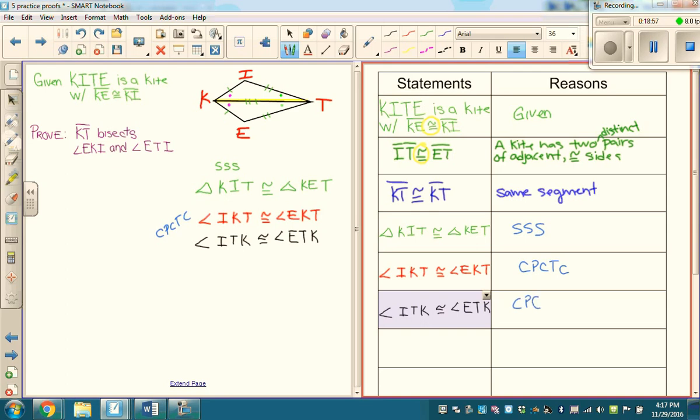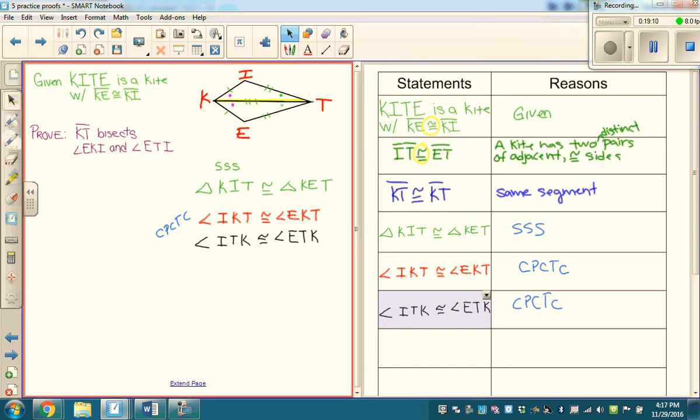So corresponding parts of congruent triangles are congruent. That's what that stands for. And so now, because I have this angle up here divided into two congruent parts, and this angle divided into two congruent parts, I can say that I have a bisector.